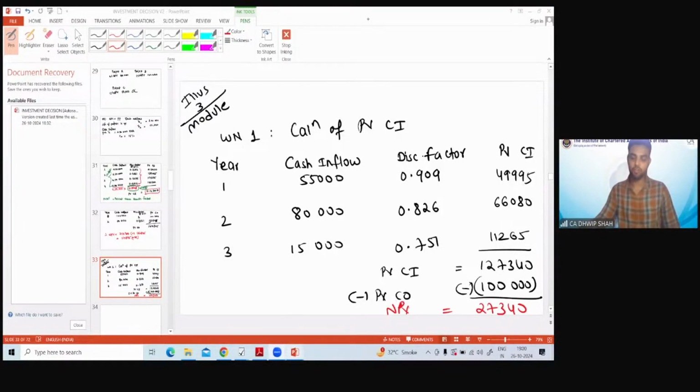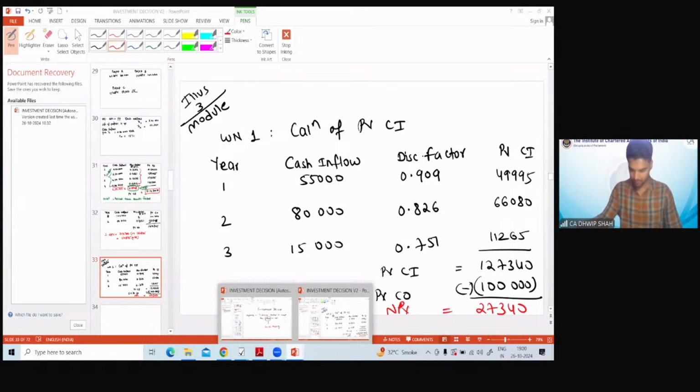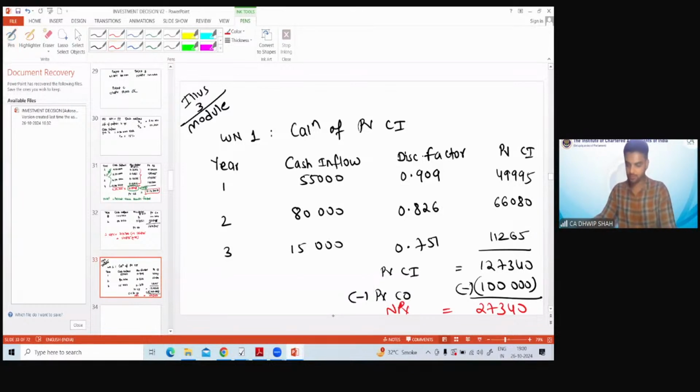Yes, you can show it in working note or you can show it as your final solution as well. Clear? Able to digest?